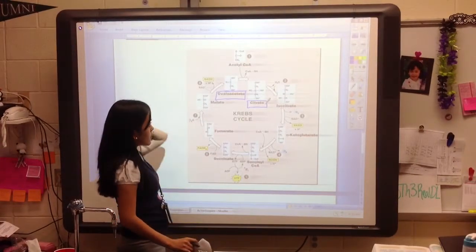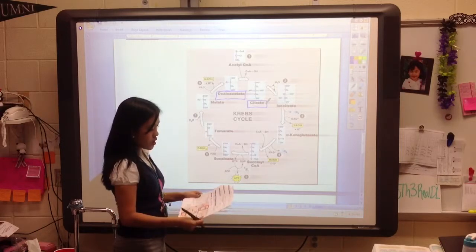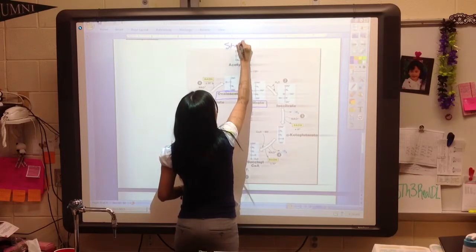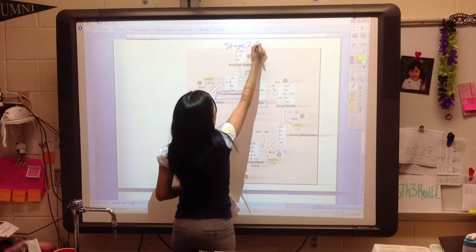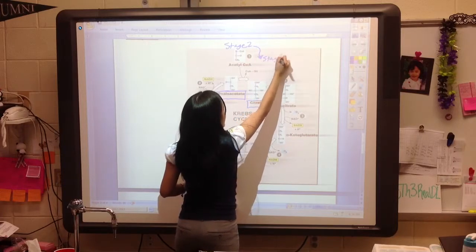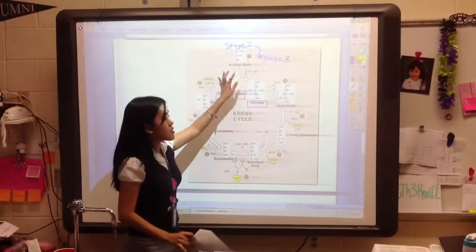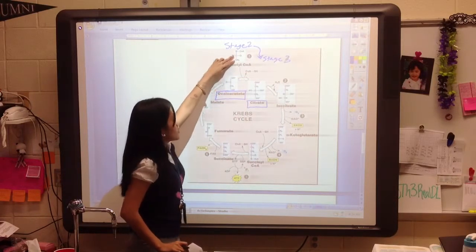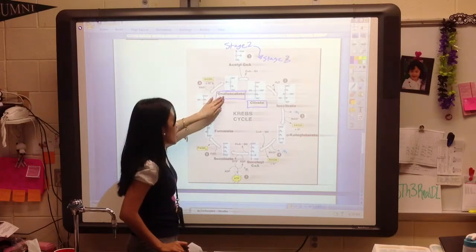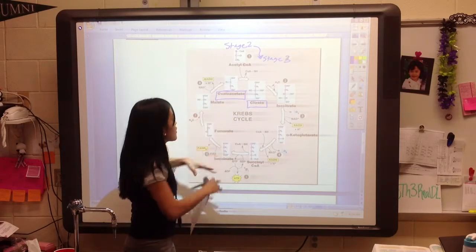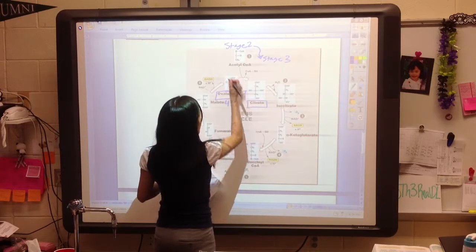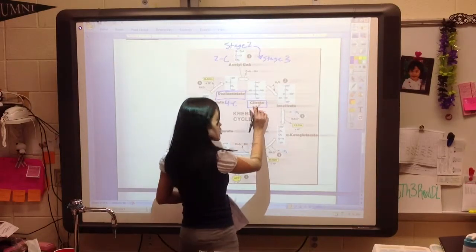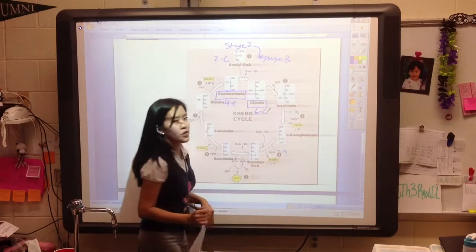So after stage 2 occurs, we're going to move on to stage 3. And in stage 3, you'll have your acetyl-CoA. Remember, your CoA is helping to carry it. These 2 carbons will carry to this oxaloacetate molecule, this 4-carbon molecule. This was a 2-carbon molecule, and it will be used to form a citrate, which is a 6-carbon molecule.